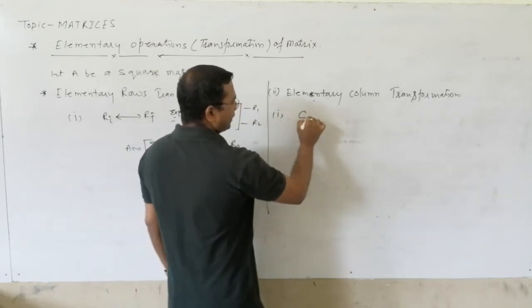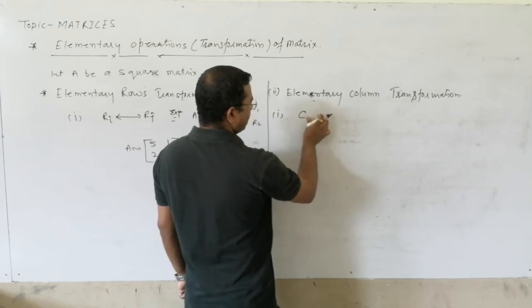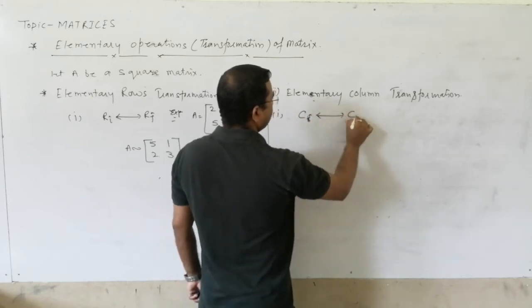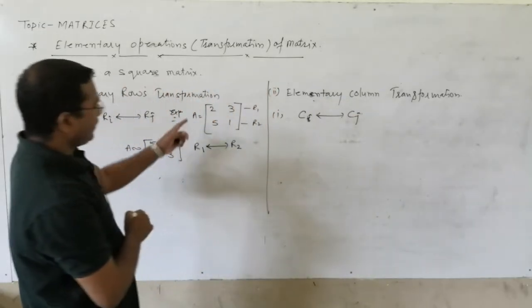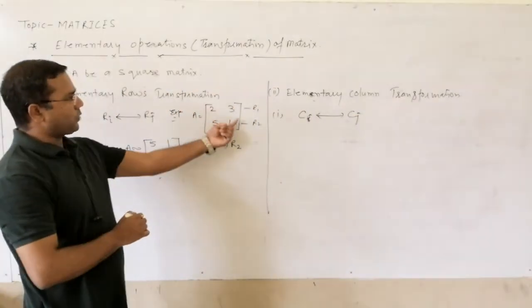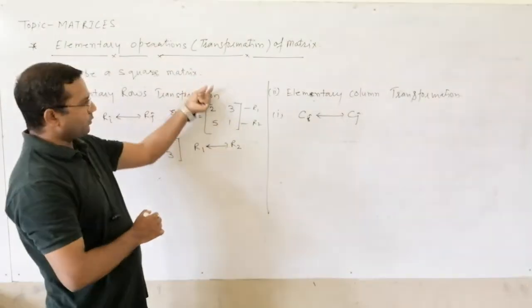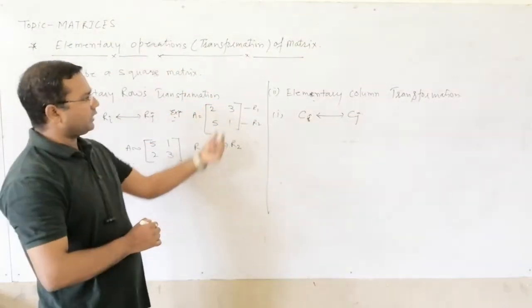We can interchange 2 columns. Suppose there is the first column, Ci, we want to interchange with Cj. With the help of the same example, you can understand. If you want to interchange any 2 columns, suppose C1 we want to interchange with C2.